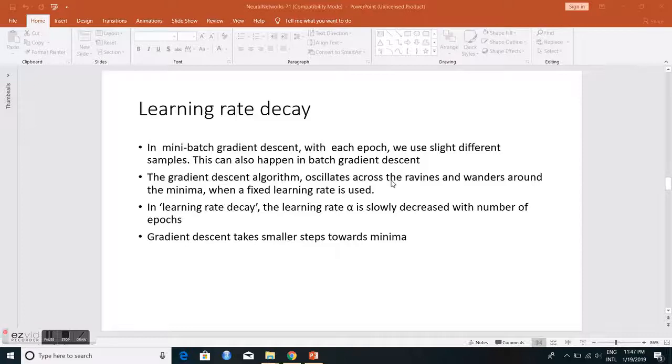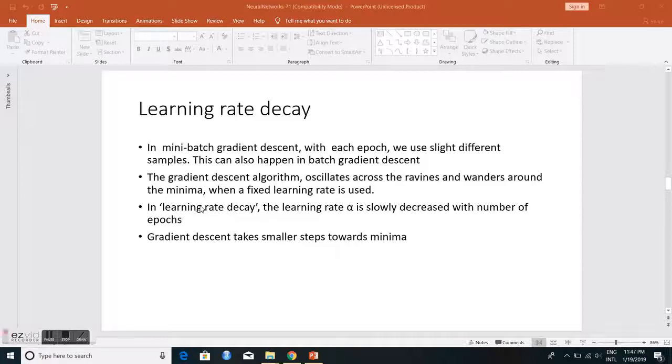If you visualize a valley or a trough, gradient descent bounces off the walls of the ravine as it makes its way towards the bottom, or the minima, of that valley. What happens is, if you use a fairly large learning rate, even though it approaches the minima, it can wander around that minima for a fairly long time, because the learning rate is a bit too large for it to actually reach the local minima.